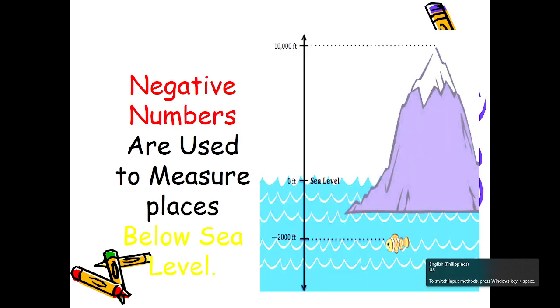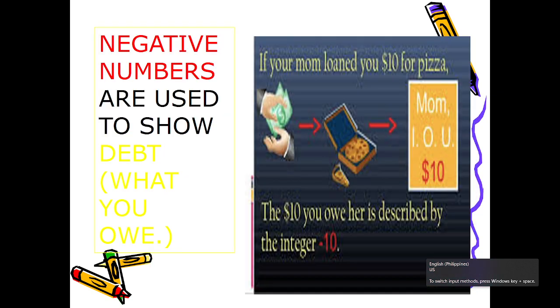Another is that negative numbers can be used to measure places which are below sea level. Another is that negative numbers can also be used to denote debt, or the amount or something that we owe.